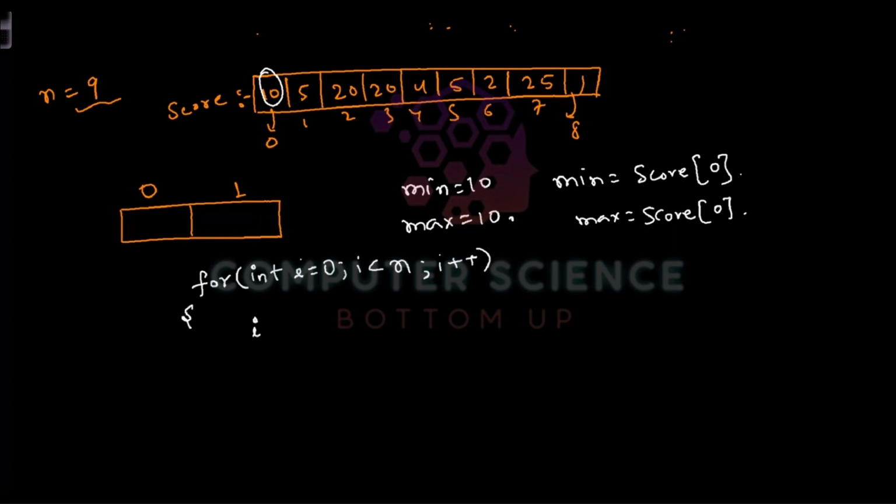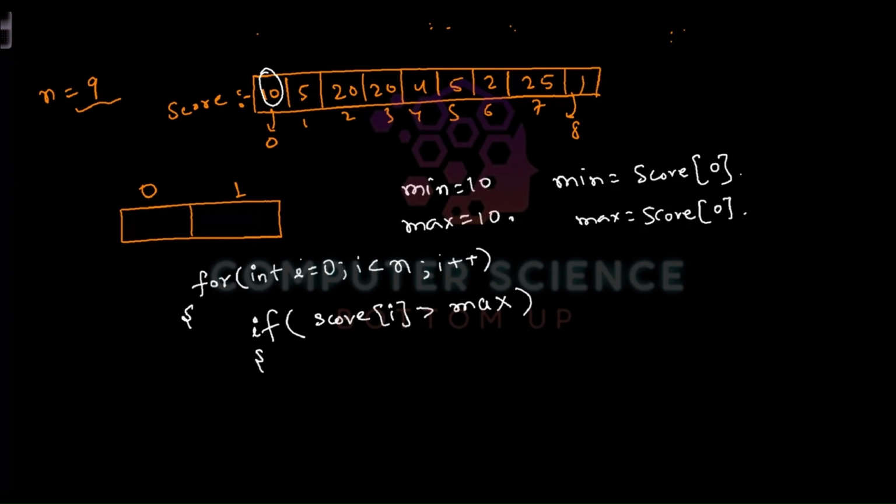If it happens that your new score, which is score i, is greater than max, then what are you supposed to do?